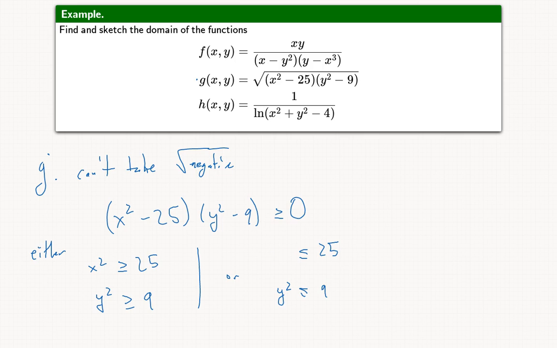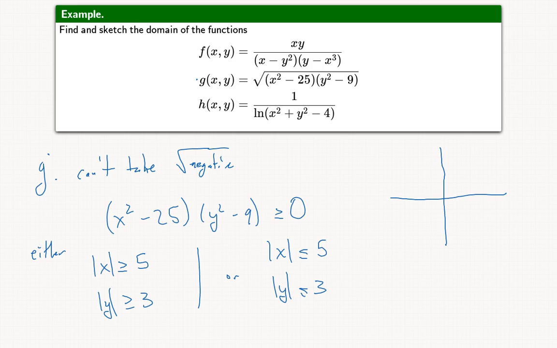So this is saying that the absolute value of x is at least 5, and the absolute value of y is at least 3. And the same over here: this translates to absolute value of x less than or equal to 5 and absolute value of y less than or equal to 3. So let's trace that out.